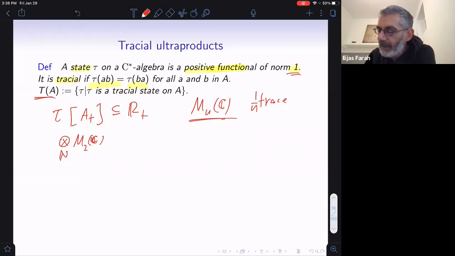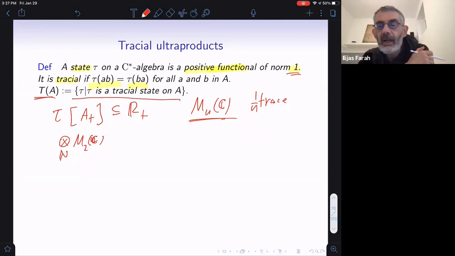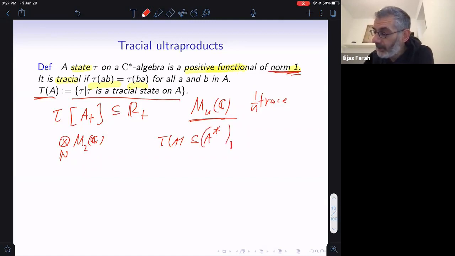By T of A, we denote the set of all tracial states of A. Now, this T of A is obviously a subset of the dual space. And because they are of norm 1, it is a subset of the unit dual ball, and it doesn't take long to see that tracial states are weak-star closed.